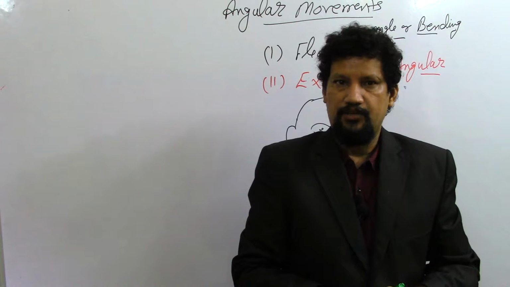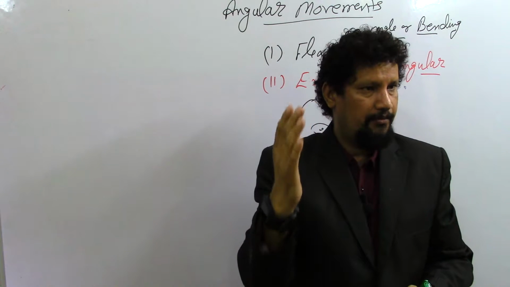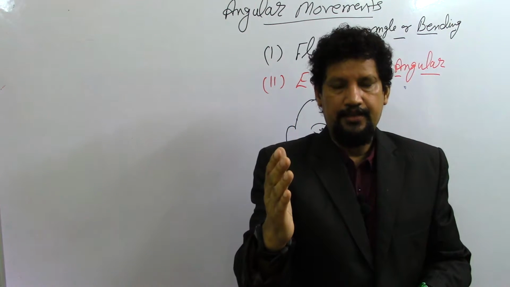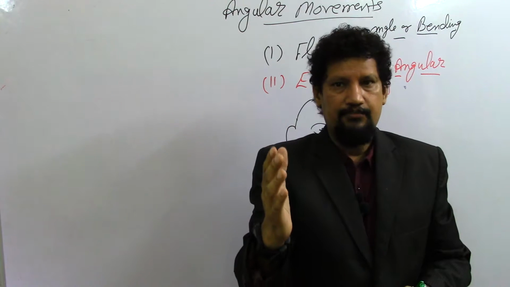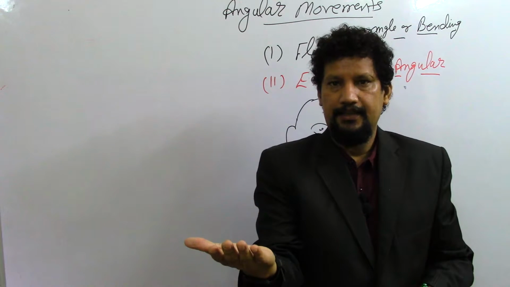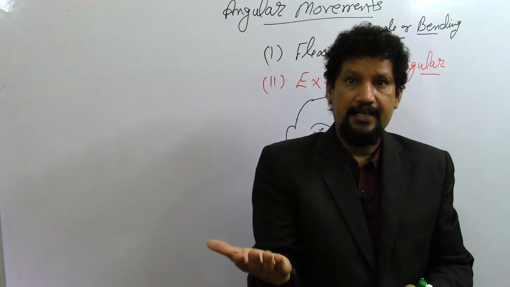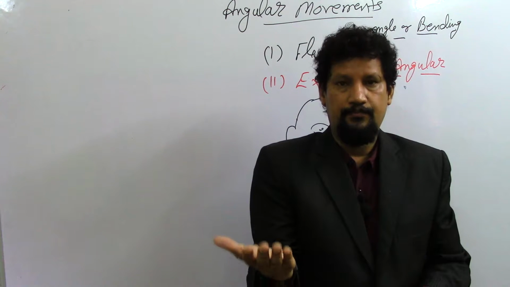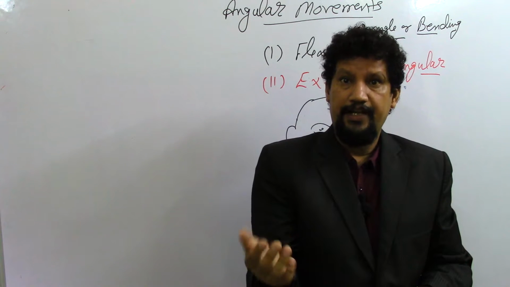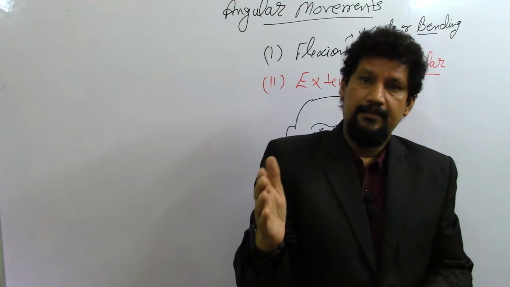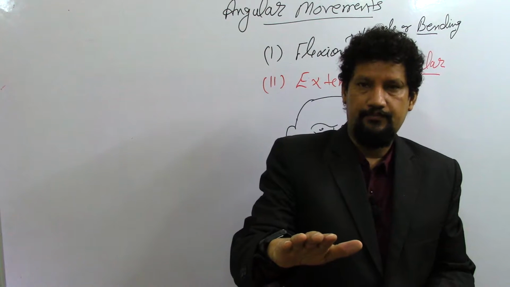But in the later part of development, the upper limb rotates laterally by 90 degrees, and the lower limb rotates 90 degrees medially.